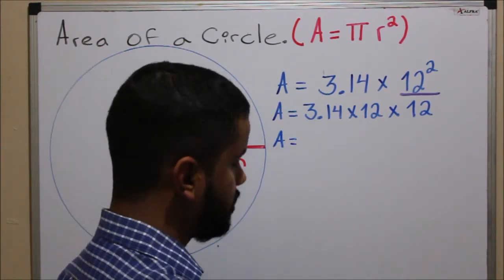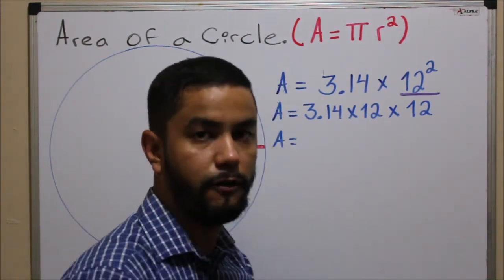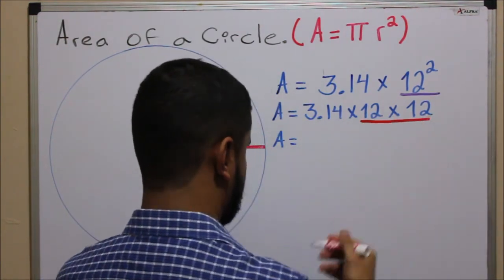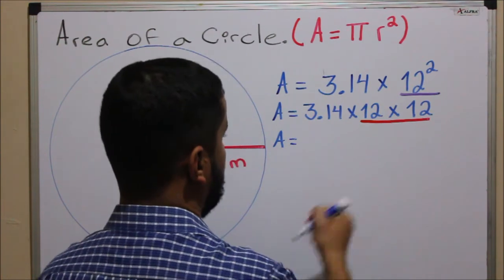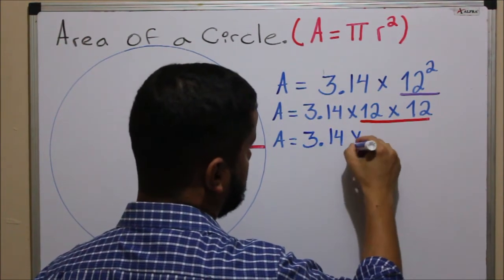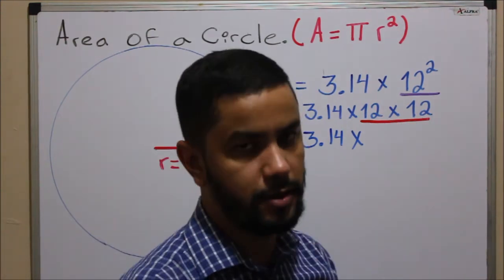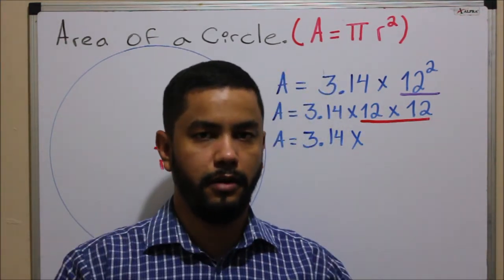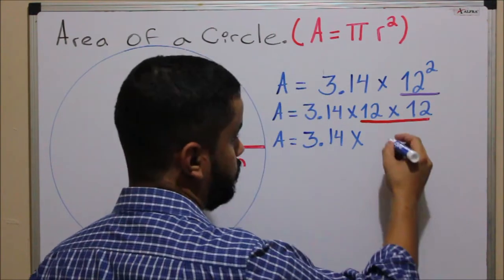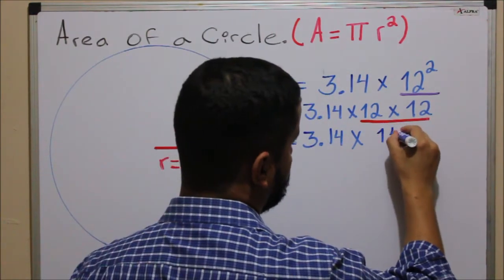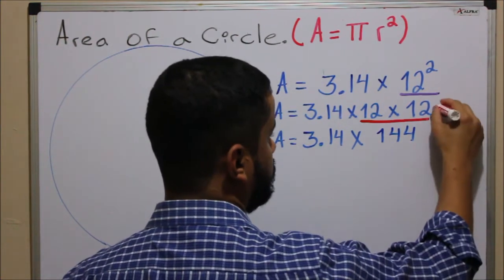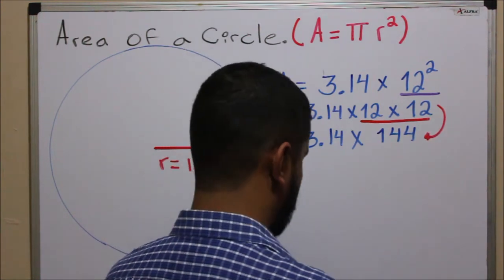Now we're going to start solving the multiplication of 12 times 12. We write down the value of pi, that is 3.14, times, and we multiply 12 times 12. If you solve that, you will get 144.